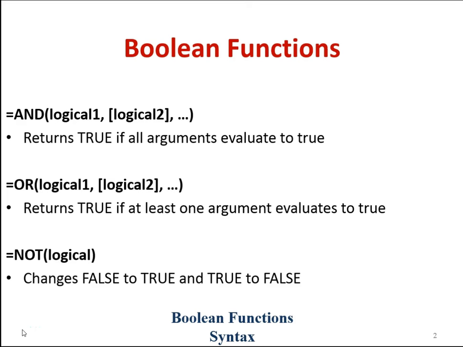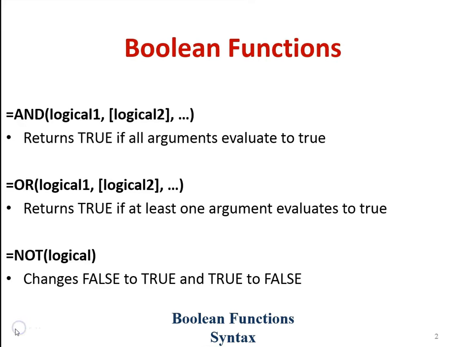Boolean functions also display or return the Boolean value true or false. In this class, we will learn the AND Boolean function, the OR Boolean function, and the NOT Boolean function. The AND function returns a true Boolean value if all arguments evaluate to true.